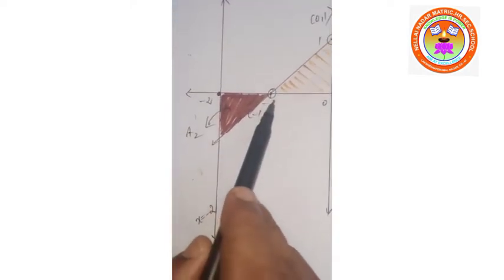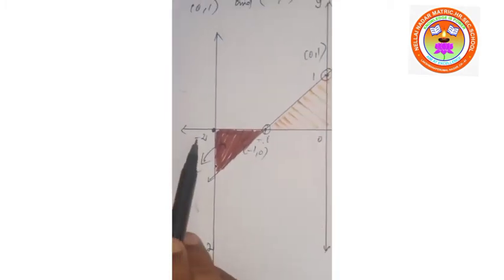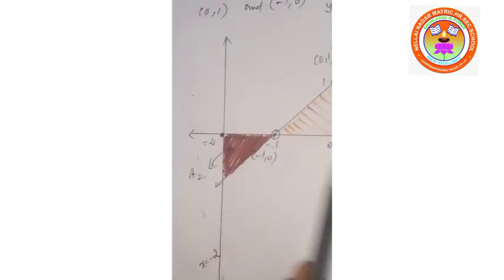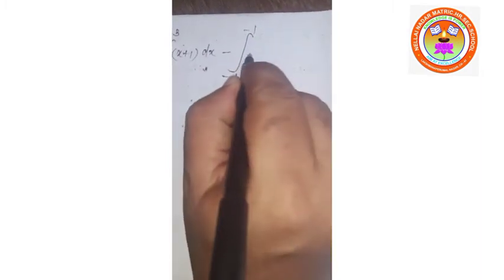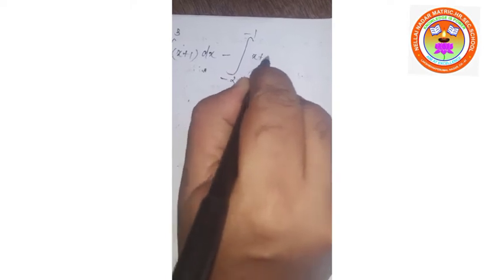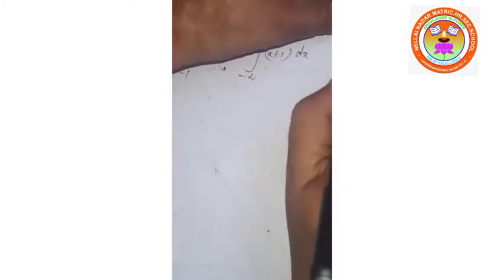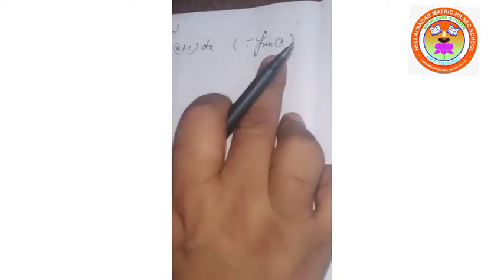This one is the ending limit in this region. So I have to consider always x values, -2 to -1. Again y dx, y that is x plus 1, same x plus 1 dx. It is taken from which equation? First equation. Y value has been taken from first equation.